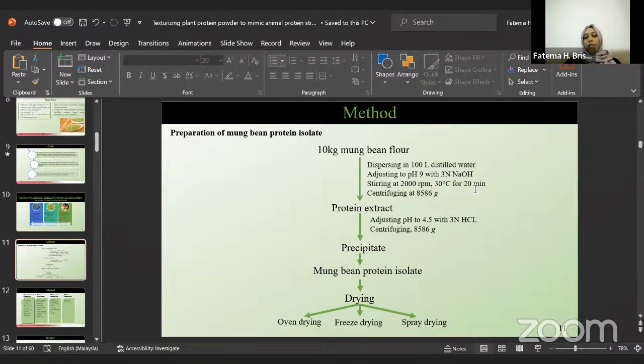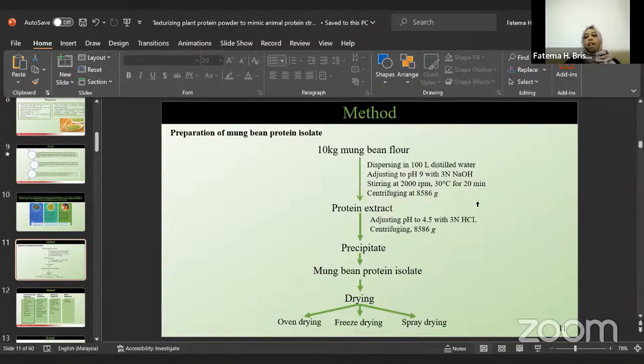So we used sodium hydroxide in order to solubilize the protein in the water, and after that we used some hydrochloric acid in order to collect that protein that is solubilized in the water. And through centrifugation, basically, we can collect that protein. So this is our mung bean protein isolate.